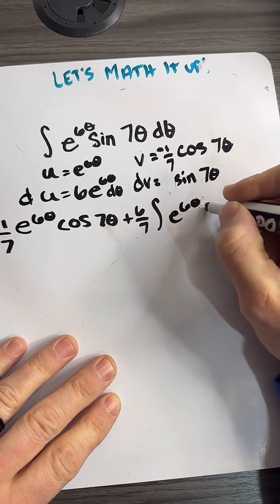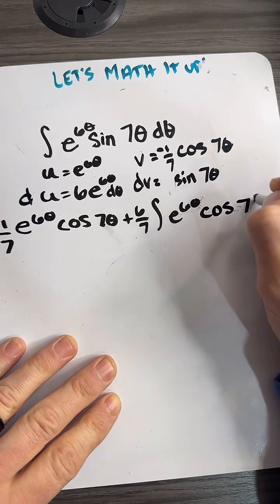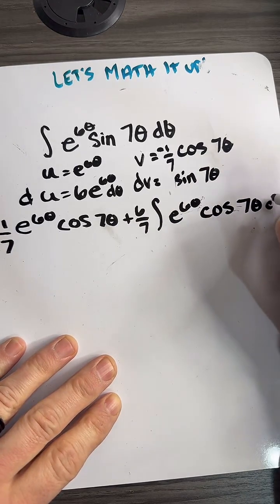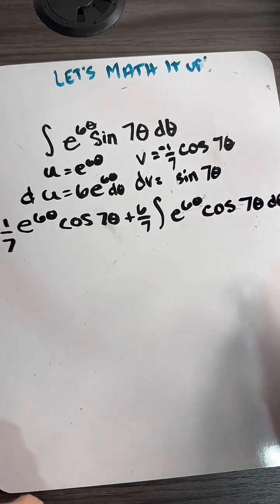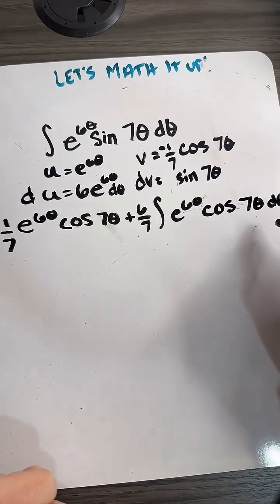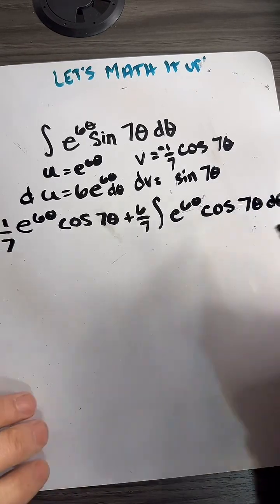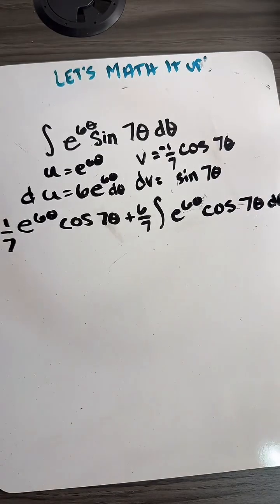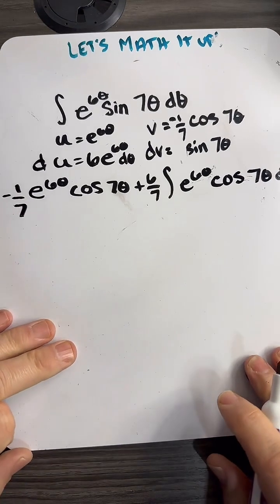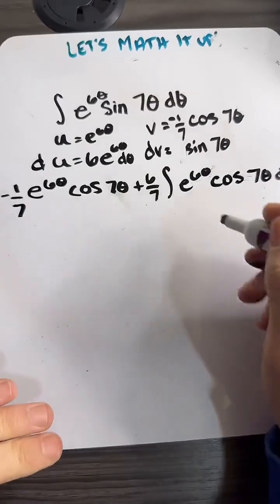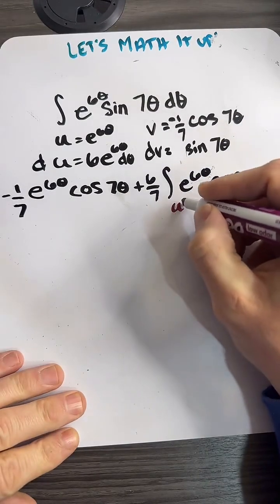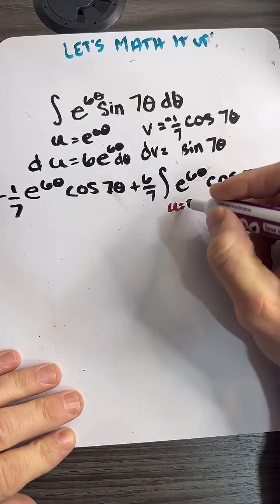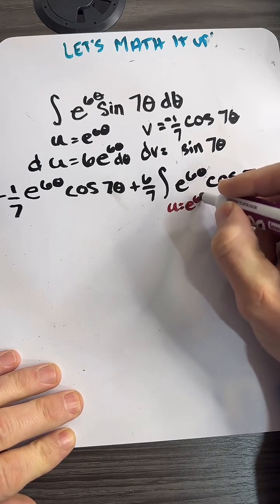Okay, so here's what I think we have to do for this one. I had one like this in our class. All right, so we're here, right? Now what we're going to do is we're going to do it again. This is a really weird one. It's a specifically weird one. So let's do it again. So let's let u equal, again, e to the 6th theta.